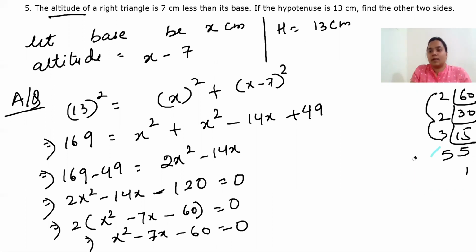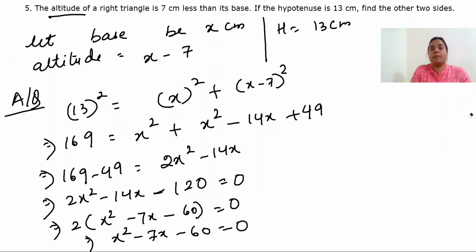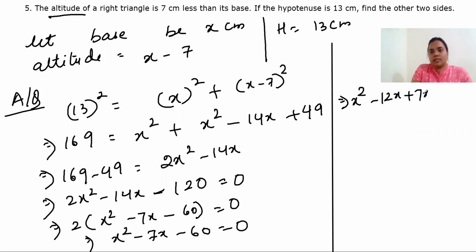In this case, our sum should be equal to minus 7, so we will take minus 12 plus 7, because when we are adding, the sign of the greater number is the sign of the answer. x square minus 12x plus 7x minus 60 is equal to 0. So I can take x common, x minus 12. So this will be 5x.